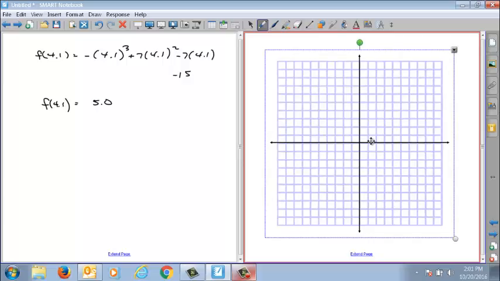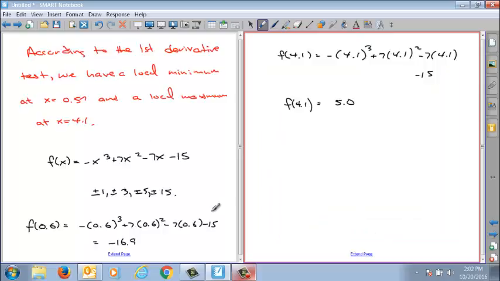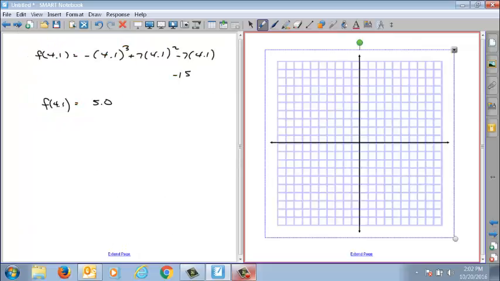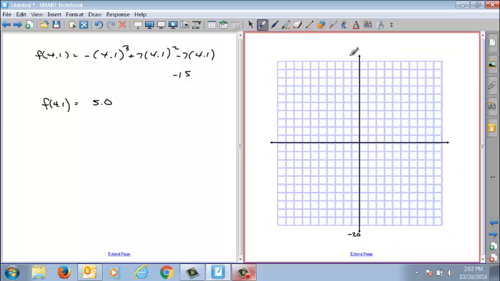Okay, so 1, 2, 3, 4. And let's look at the scale here. So we've got negative 16, so let's do negative 20. So this goes down to negative 20, this goes positive 20, and we'll go from negative 10 to positive 10 on this axis.